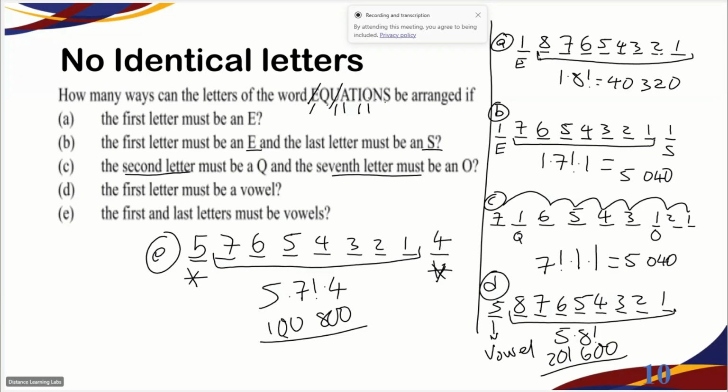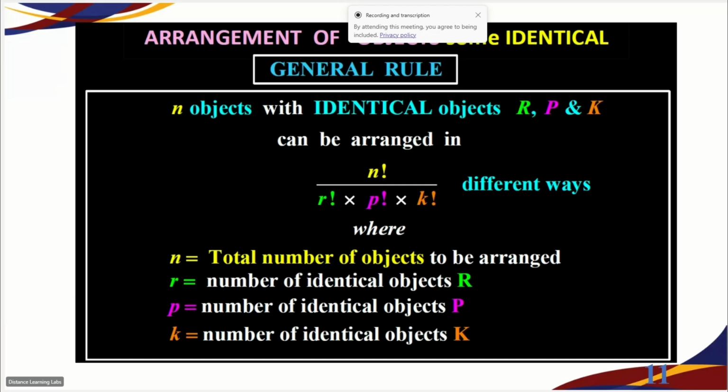Now, when it comes to identical letters, we have n objects with identical letters R, P, and K, which can be arranged in n factorial, n being the total number of objects to be arranged, divided by R factorial, by P factorial, by K factorial.